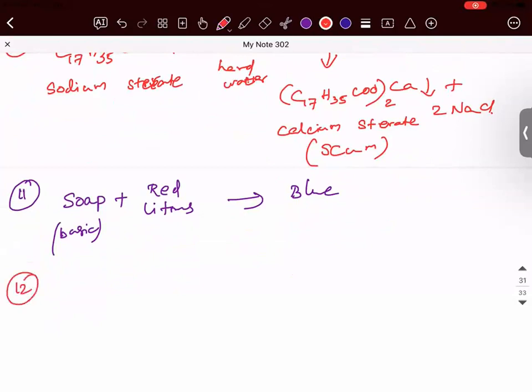Then 12th. What is hydrogenation? See, the unsaturated hydrocarbon undergoes addition reaction in the presence of catalysts like platinum, palladium, nickel. Then it is called hydrogenation.